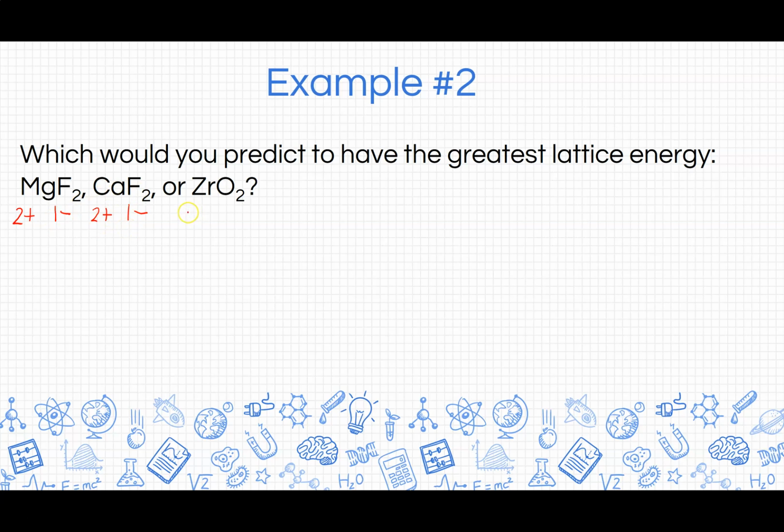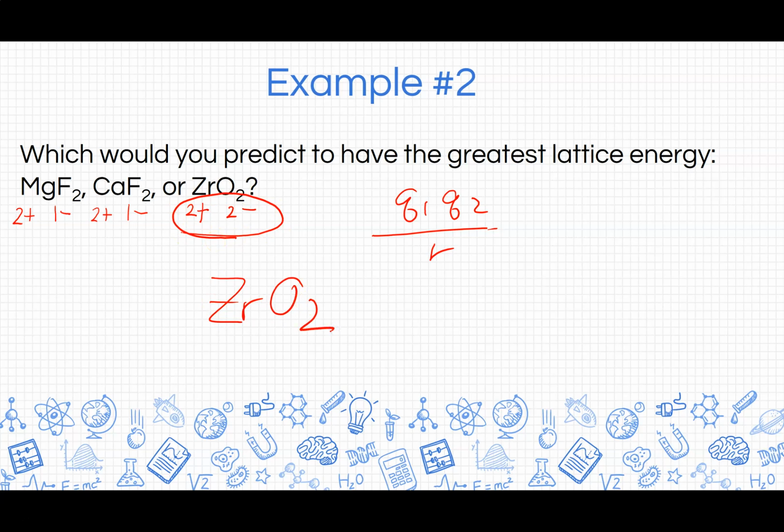Zirconium is a +2, and oxygen is a -2. So I don't have to do much here because I can just use Q1, Q2 over R. I know that since ZrO2 has the higher magnitudes, +2, -2, ZrO2 is going to have the greatest lattice energy.